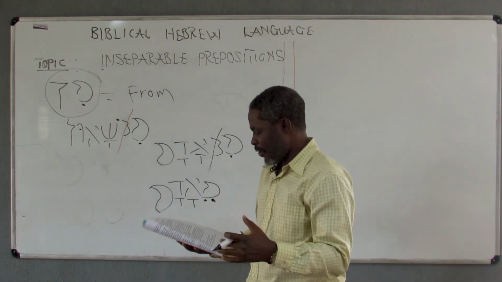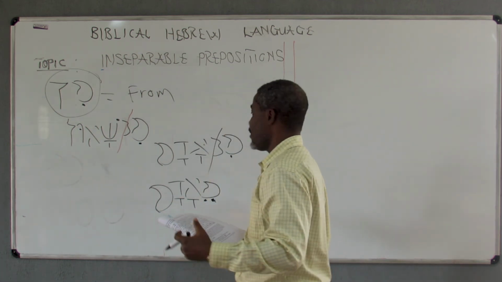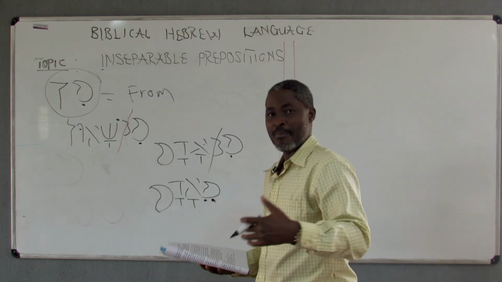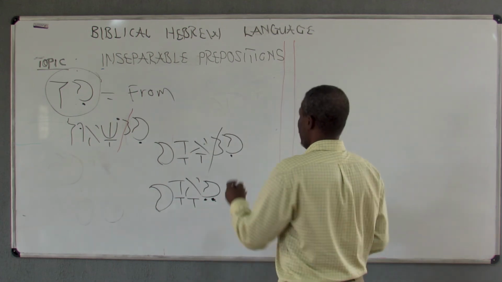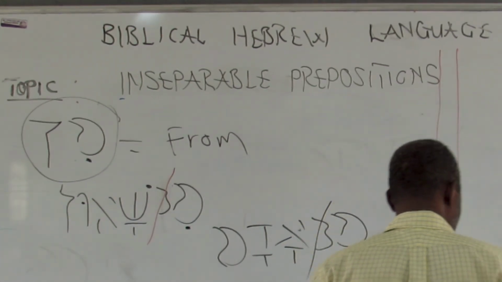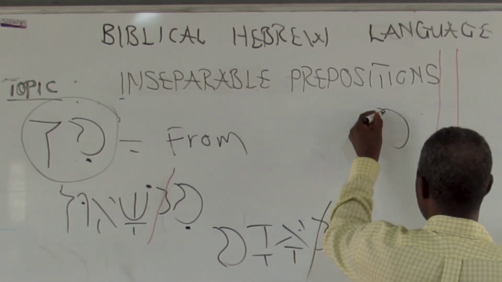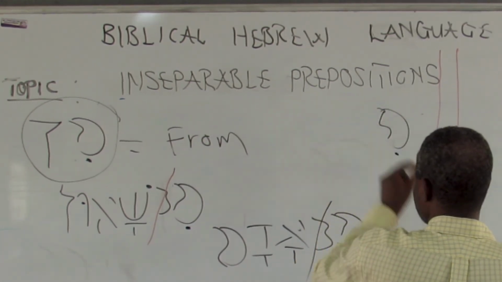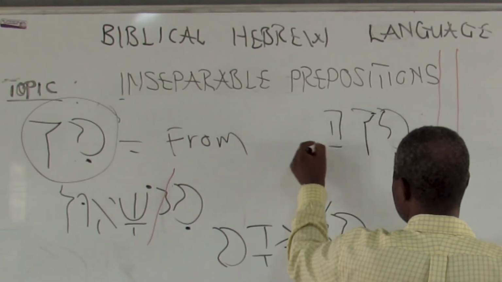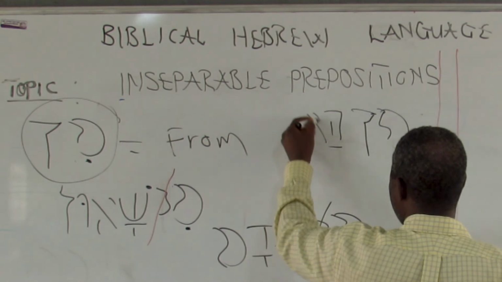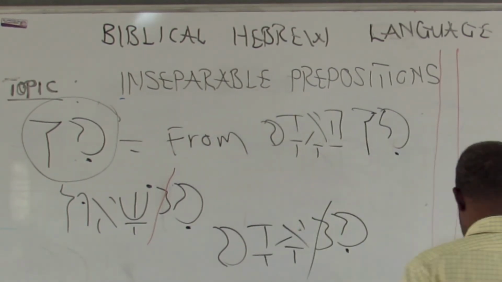But sometimes, when you want to say from the man, from the king, first of all this is min ha-Adam.